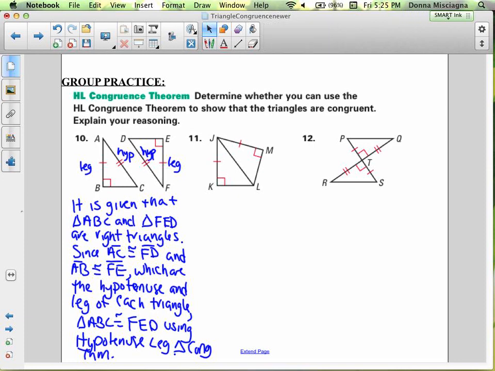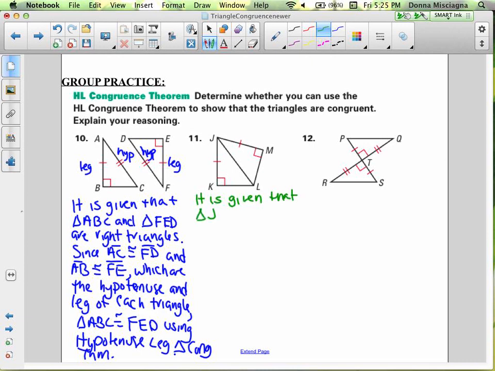All right, so again, we can see the markings as a right triangle. So it is given that triangle JKL and triangle JML are right triangles.